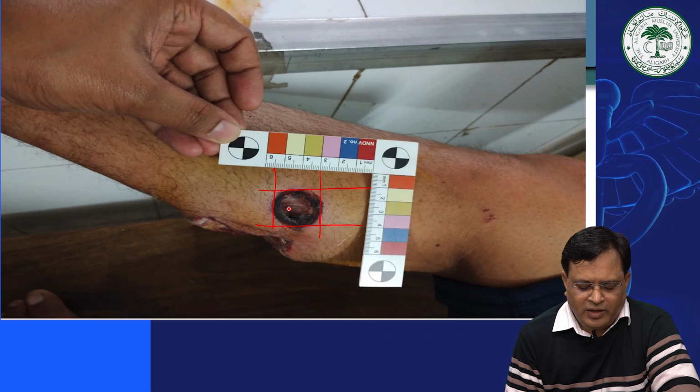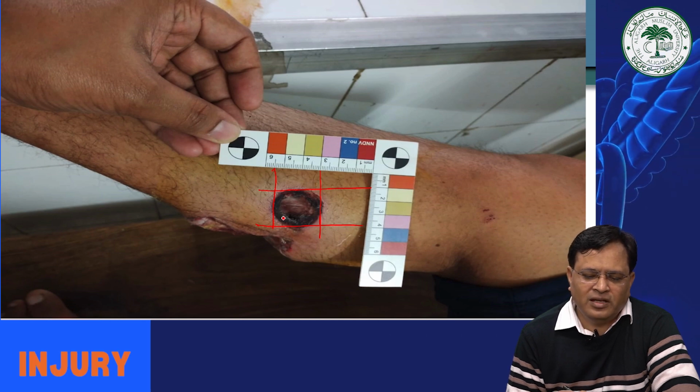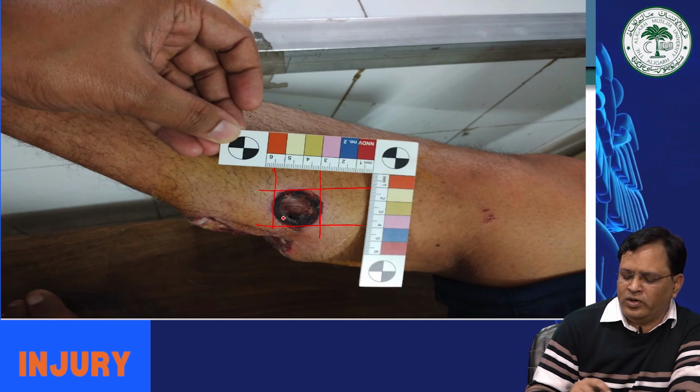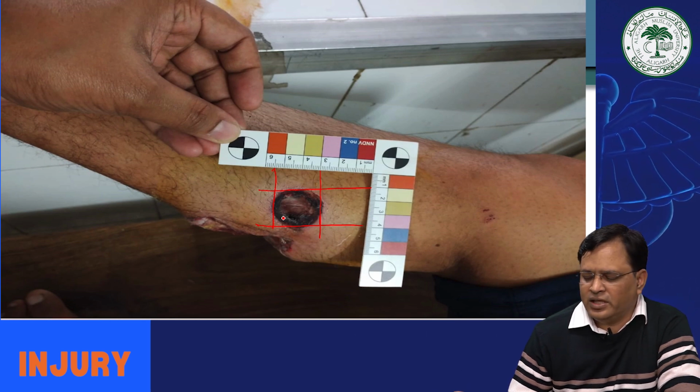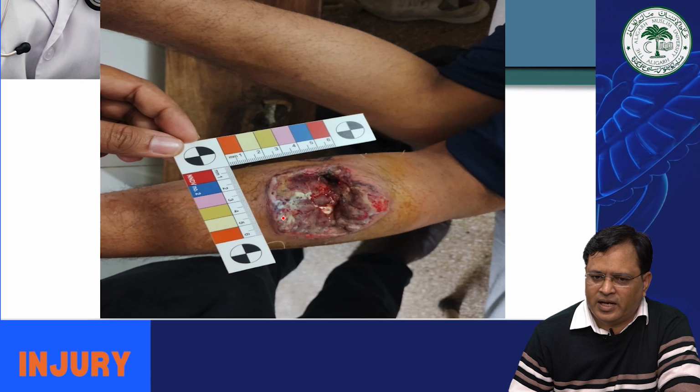The entry wound can be very easily determined. So we should have an L-shaped scale, and we should take the photographs for the injury directions.